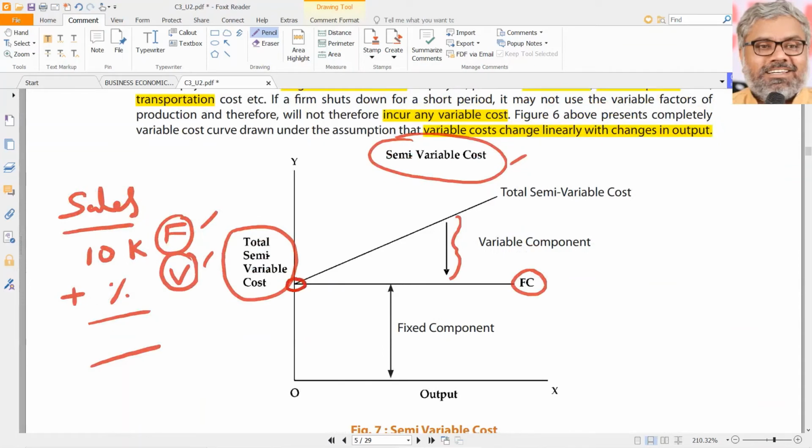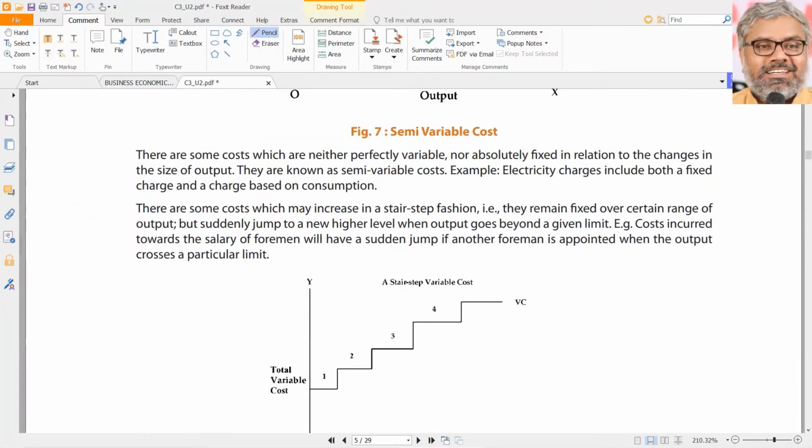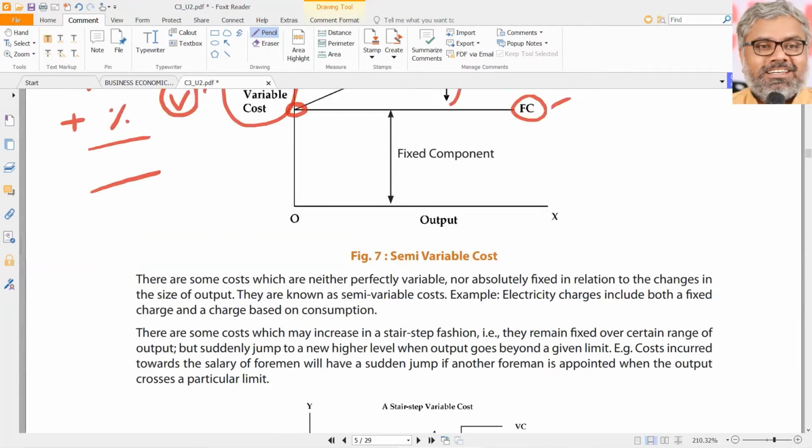It will start from here, because this much of fixed cost has to be incurred irrespective of level of activity. So it starts from fixed cost. Over and above that, level of activity is more, variable component increases, naturally the total semi-variable cost also increases. That's how semi-variable cost will behave. There will be a fixed portion, but there will be a variable portion also.